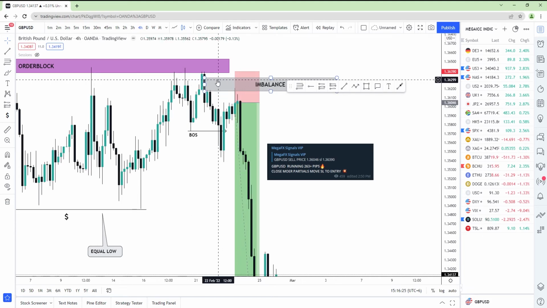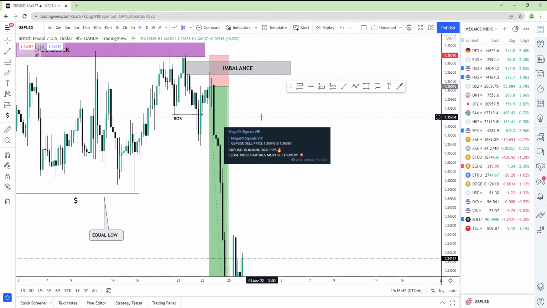Remember, imbalance is just an extra confluence. We don't always rely on imbalances to be filled, or set our TP or SL depending on imbalances. Imbalance is just an extra way of comforting your trade psychology.